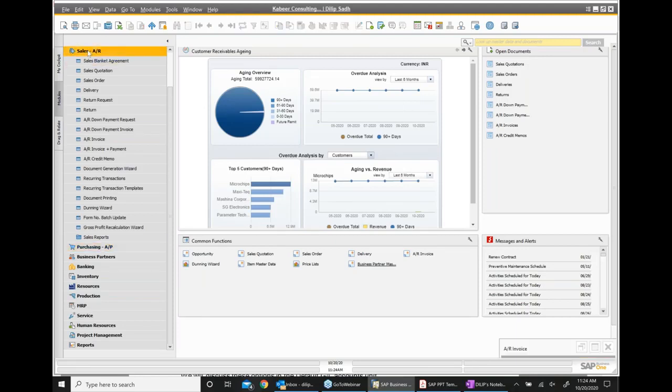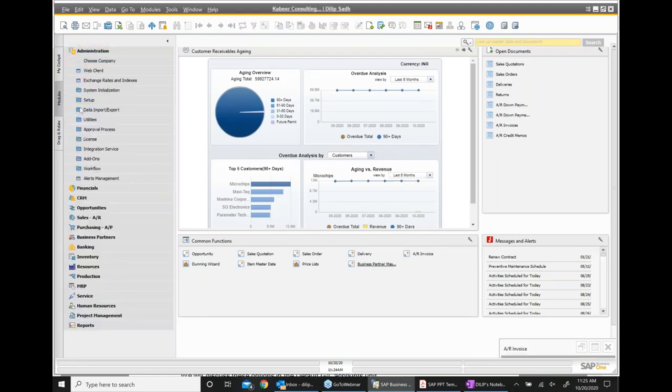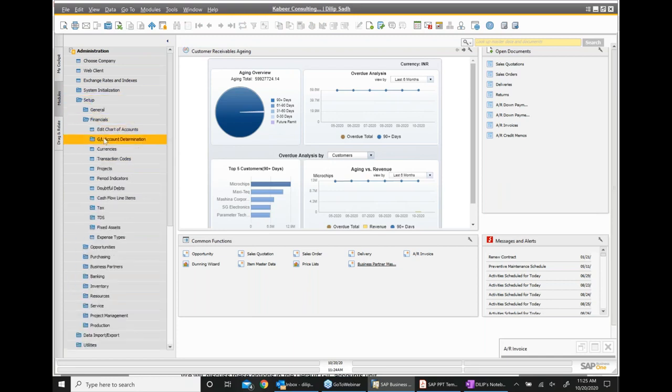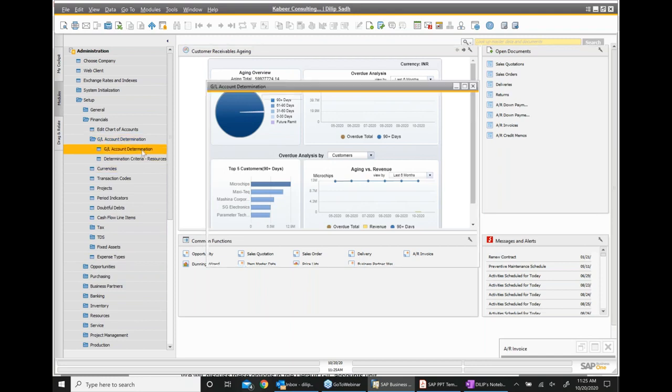And then we go to administration. In the admin, we go as a part of setup financials. And here we have a GL account determination. And then we go to GL account determination here.